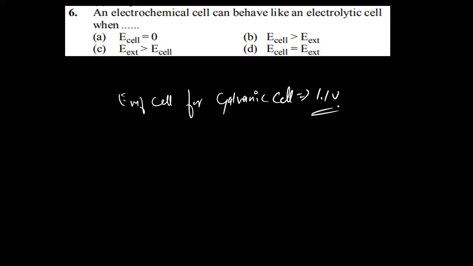Hence, the cell will behave like an electrolytic cell. So for question number 6, it's option C, that is E external, the electrode potential of an external source, which is greater than the EMF of the cell.